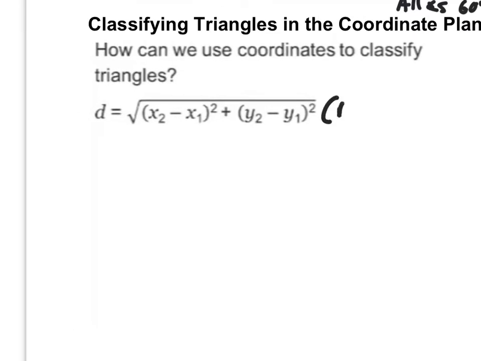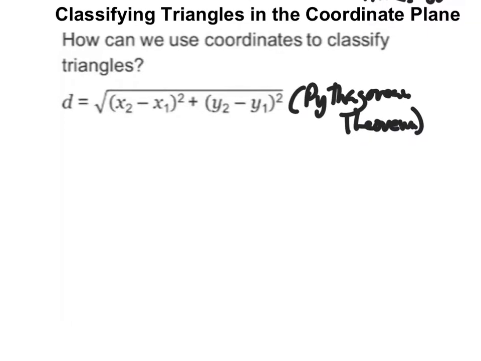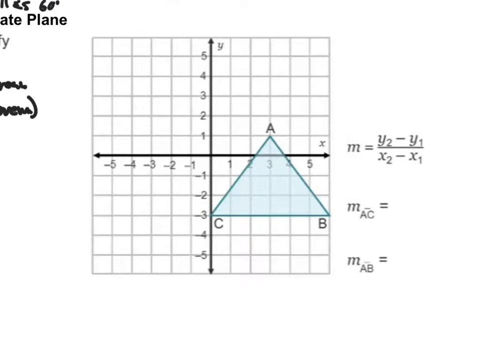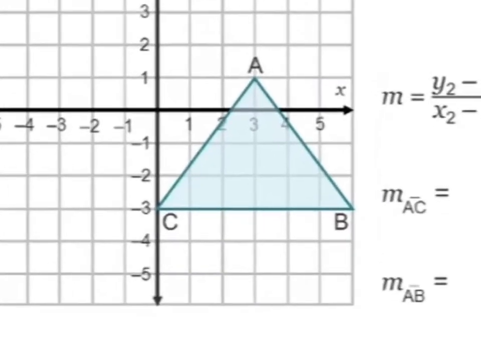It's the same thing as the Pythagorean theorem, and we're going to use it to help classify triangles and define side lengths. It's easy for us to find the length of CB. We can just count those lengths.